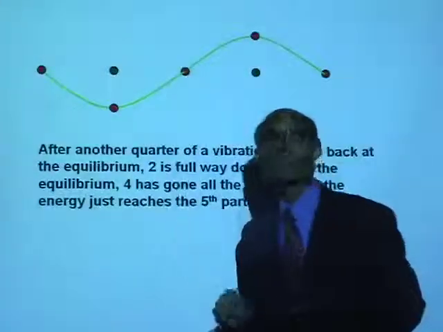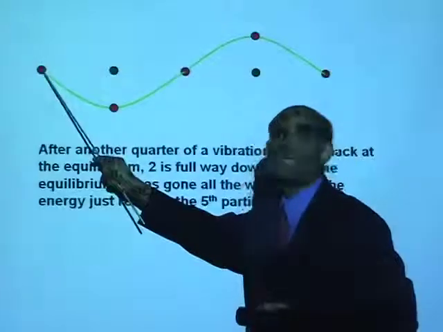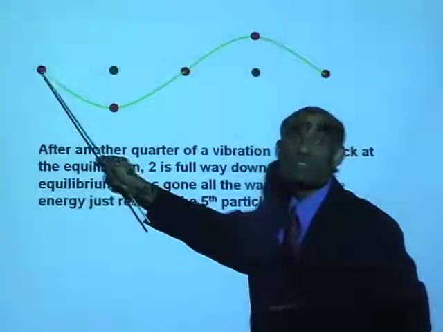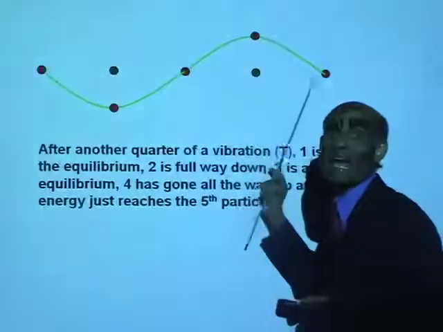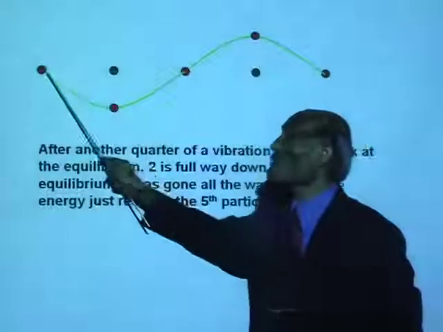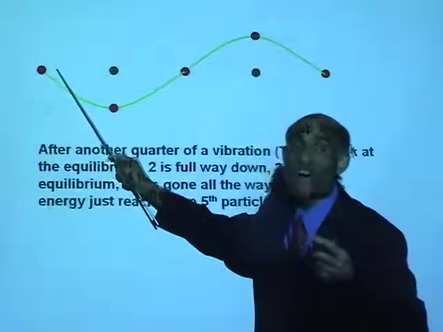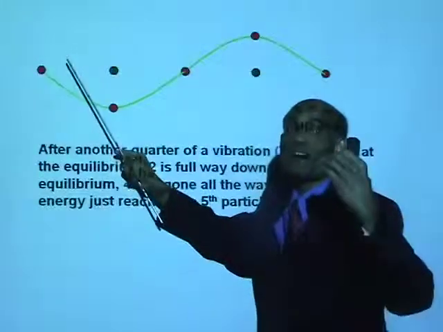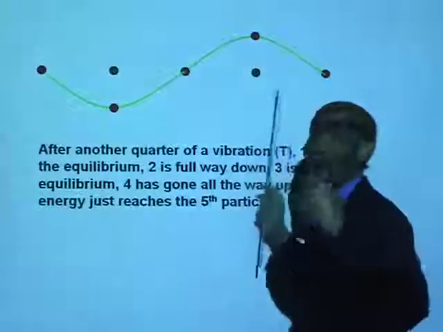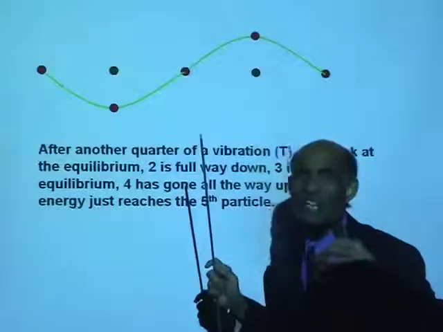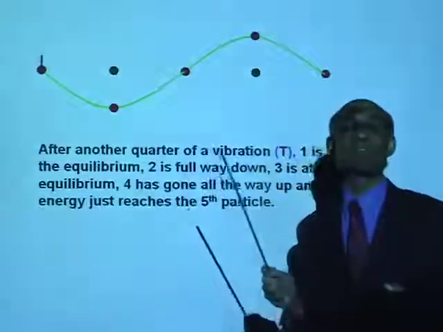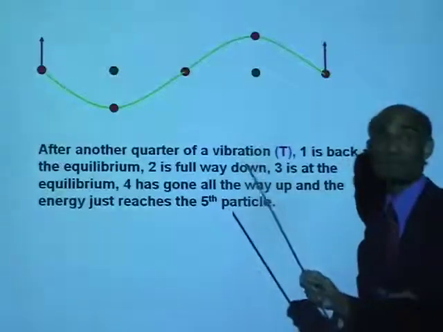And now, can you tell me, what is the state of vibrations of particles 1 and 5? Particle 1 has completed one vibration, is now ready to start the next vibration. And particle 5 has just received the energy, it is ready to start vibration. Is that right?